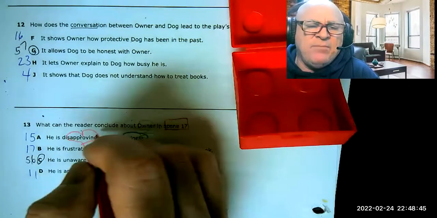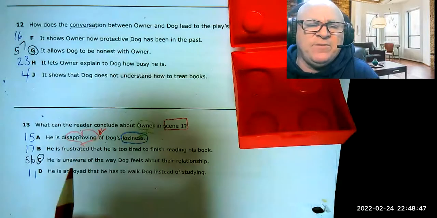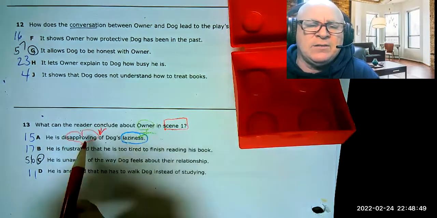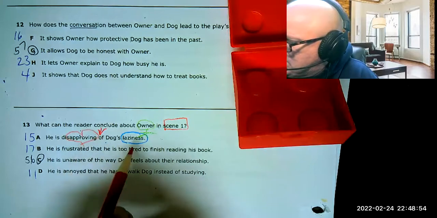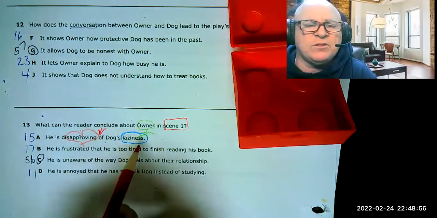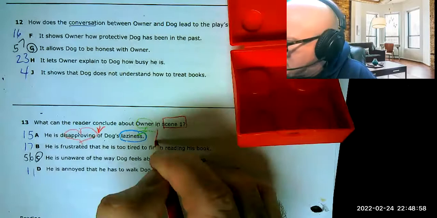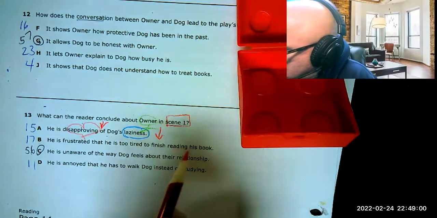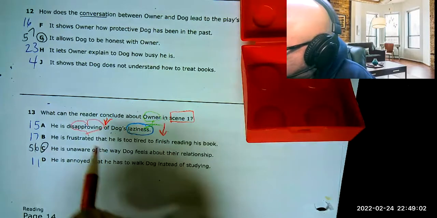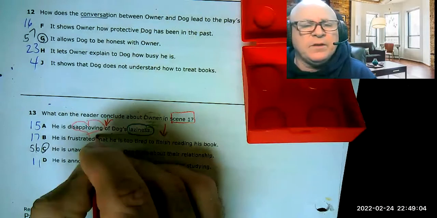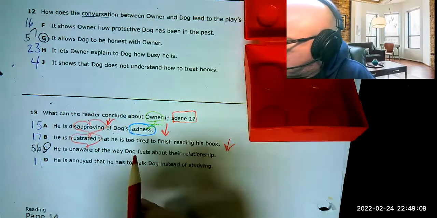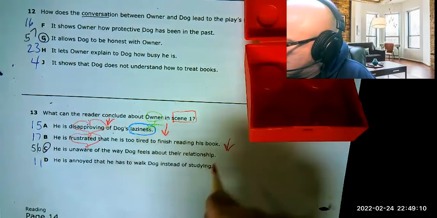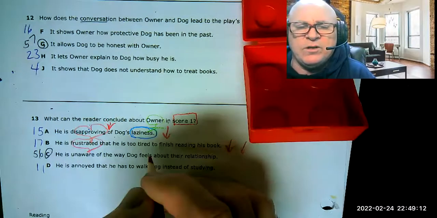And let's see, by the time we're done, does he feel like the dog is lazy? A negative opinion and emotion, disapproving. He is frustrated. Another negative emotion. That he is too tired, an emotion, to finish reading his book.